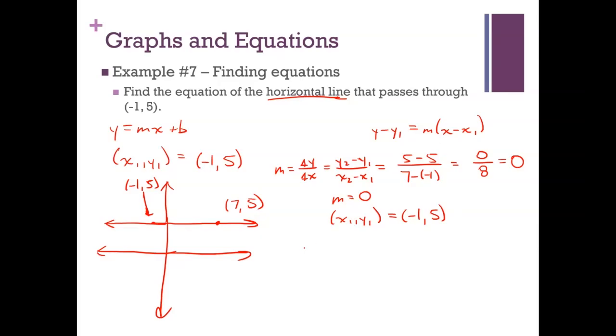Based on what we have, I'm going to do point slope form. So y minus 5 is equal to 0 times x minus negative 1. So y minus 5 equals 0 times x plus 1. What happens on the right-hand side here?